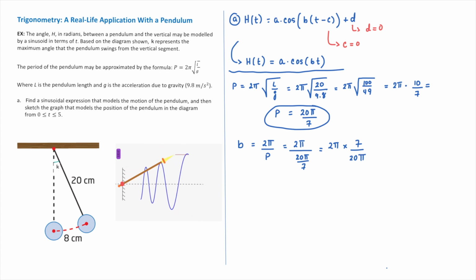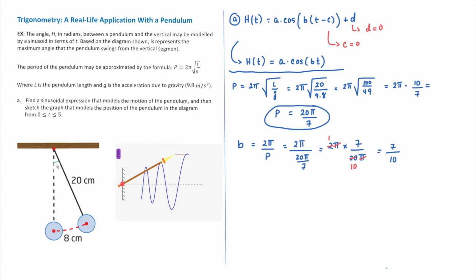And now simplifying, the pi's will divide each other out. Half of 2 is 1, half of 20 is 10. So then this will be equal to 7 divided by 10. So that becomes B. Great. That means that we already have the value of B, 7 over 10.